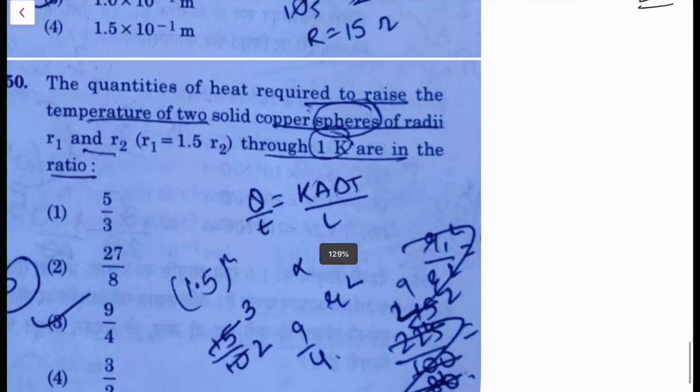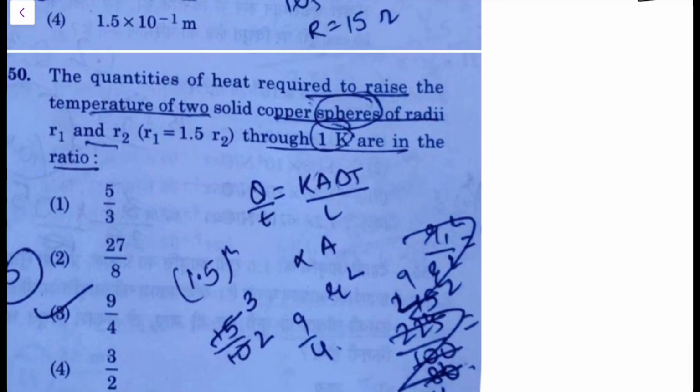Next, the quantity of heat needed to raise the temperature of two solid copper spheres of radii R1 and R2 through 1 Kelvin. Now the quantity of heat required, you know, is Q equals m s delta T. Because they are of the same material, s is same, delta T is same, so Q would be proportional to m, and we know volume is proportional to mass because they have the same density.